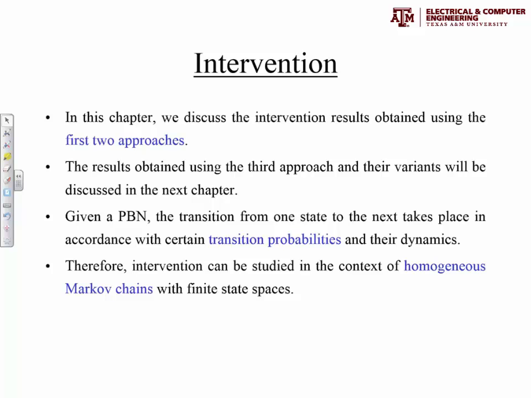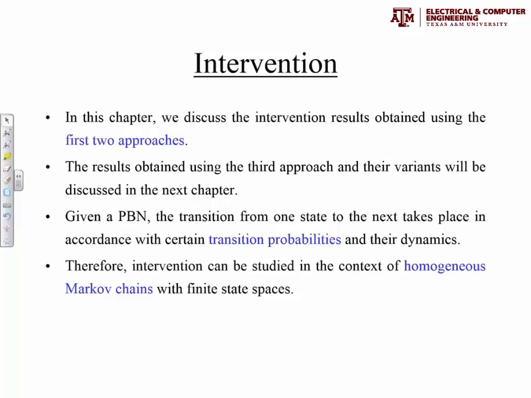Now, once you're given a PBN, or probabilistic Boolean network, the transition from one state to the next takes place in accordance with certain transition probabilities and their dynamics. If you look at the original PBN papers, they fully outline the method that can be used in going from these rule-based structures to the transition probabilities.